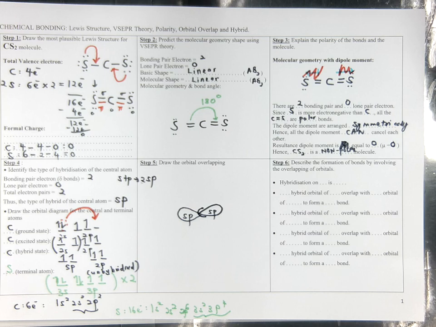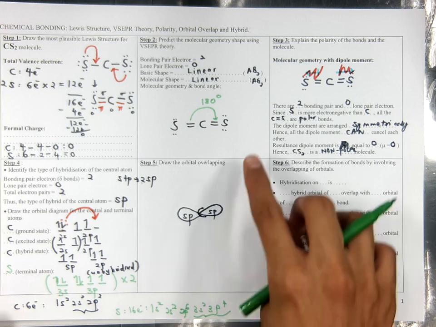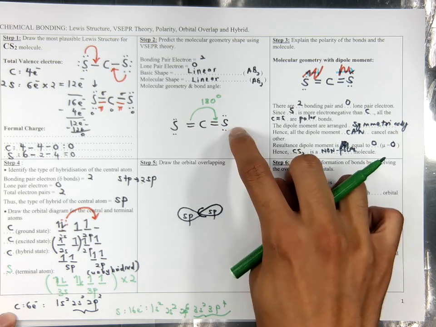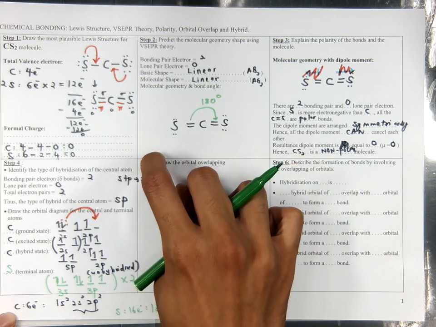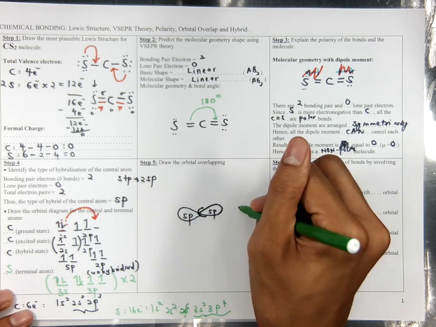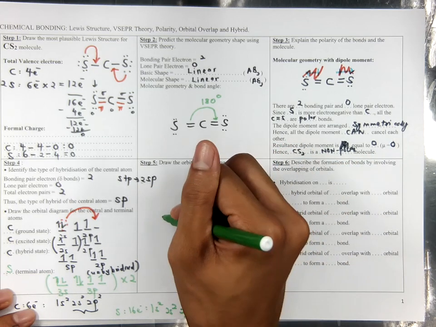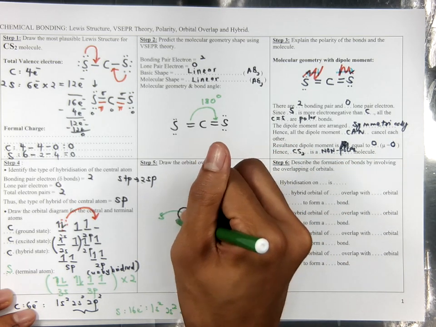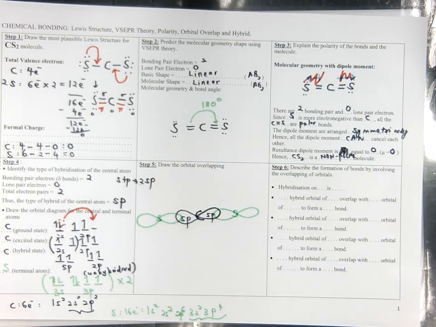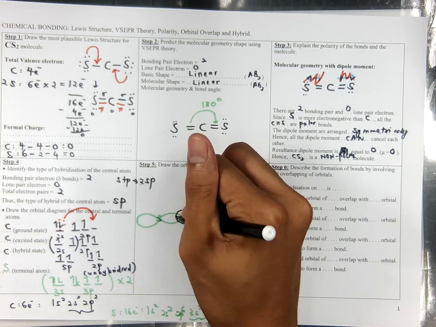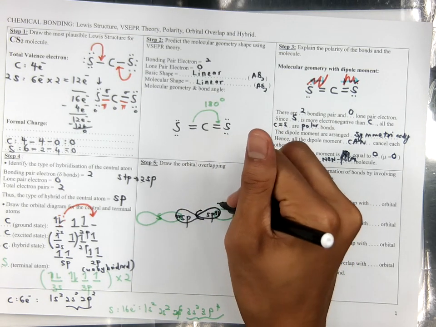It will overlap with two of the sulfur, one from the right hand side and the other one from the left hand side. So let's draw the sulfur atom, and then it will overlap with the sp hybrid orbital, and here it will also overlap with an sp hybrid orbital. This overlapping will produce a sigma bond.